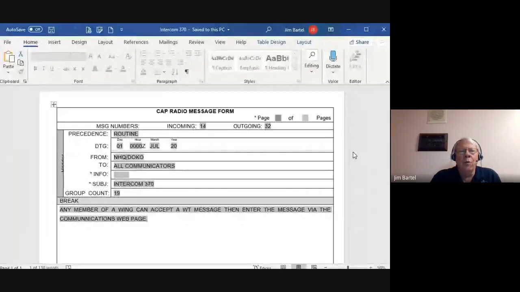Groups 19. So again, subject, intercom 370. Groups 19. Break. Text follows.